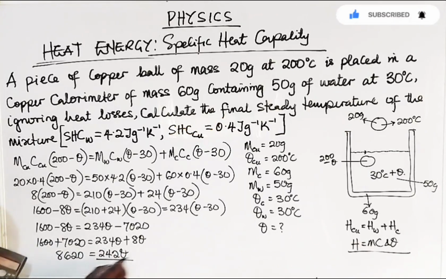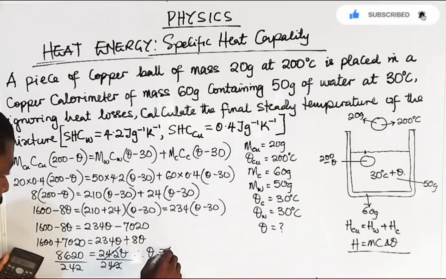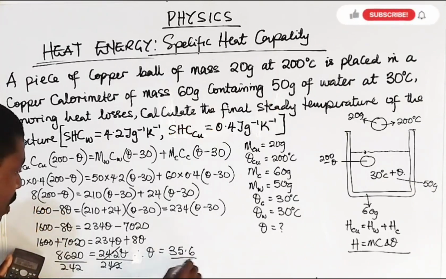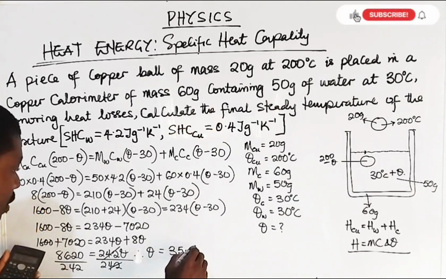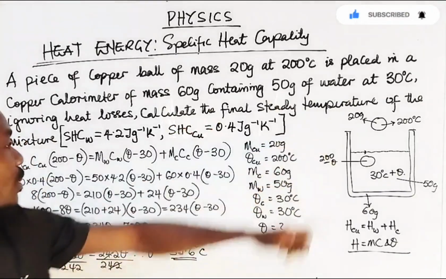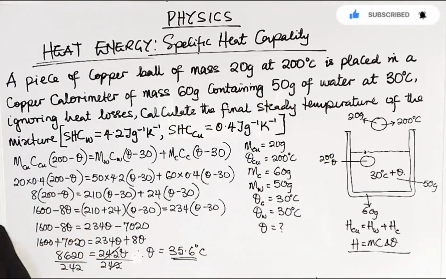Dividing both sides by the coefficient of theta, which is 242, our theta will be 35.6, approximately 35.6 degrees centigrade. So this is the final steady temperature of the mixture.